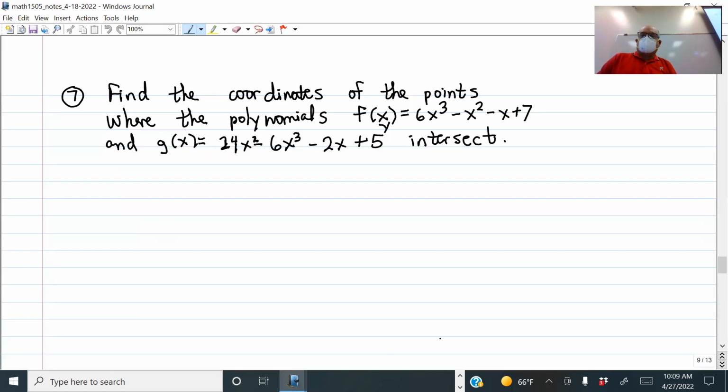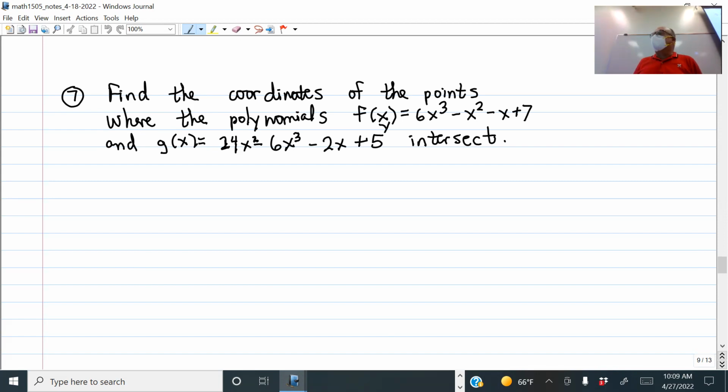Okay. But let's look at this problem first, because there is a problem like this on the homework that's due next Monday. I think it may be the very last problem. This says find the coordinates of the points where these two polynomials intersect each other.